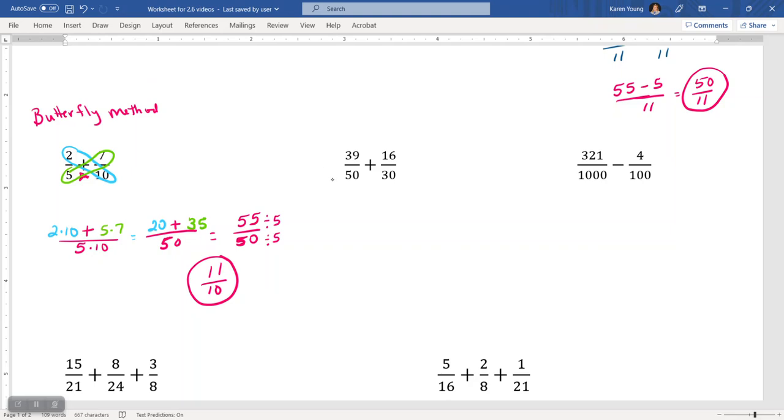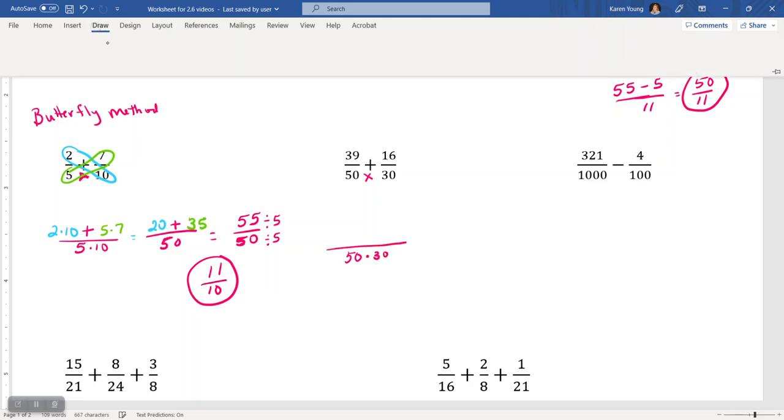Now I'm going to do the same thing on the next one. Sometimes when you have bigger numbers, you might want to look and see if you can reduce anything. Let's do the butterfly method again. We're going to multiply the denominators because I'm getting a common denominator.